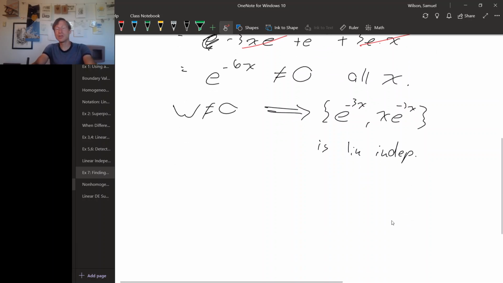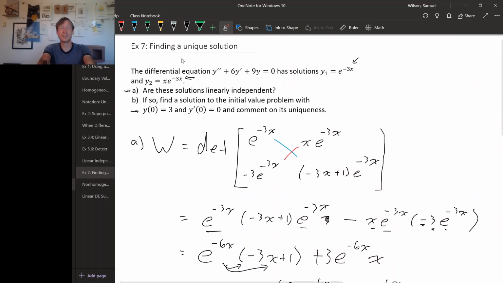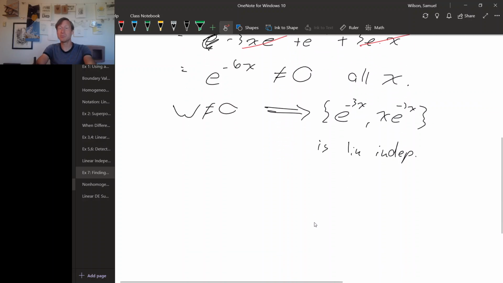Okay, now if you look at our original differential equation, since it has constant coefficients, the coefficient functions are all continuous, and the leading coefficient function, the 1 right here, is never 0, and so our uniqueness theorem applies.